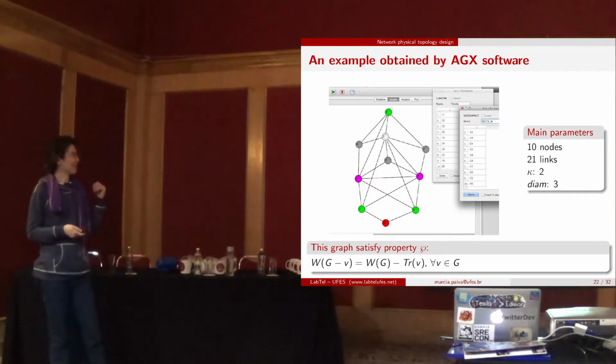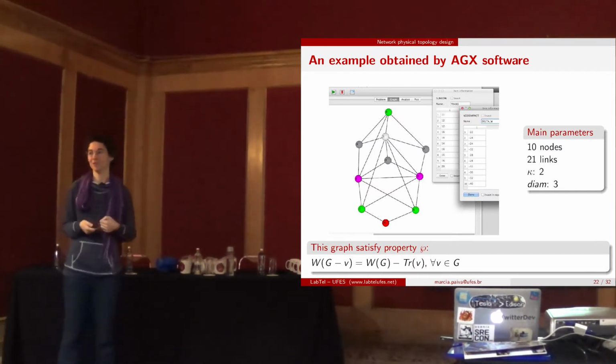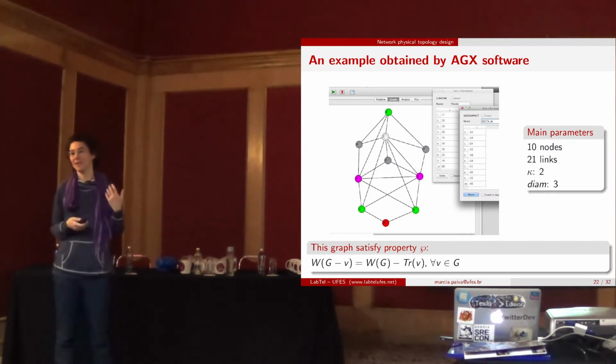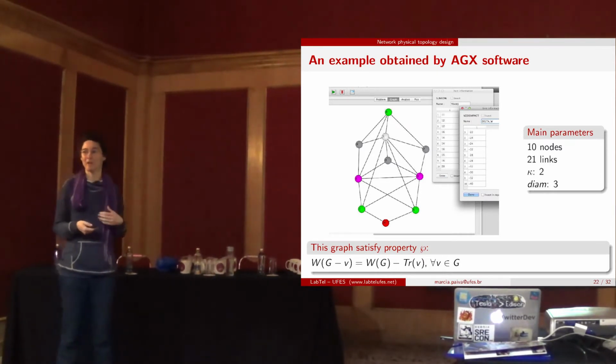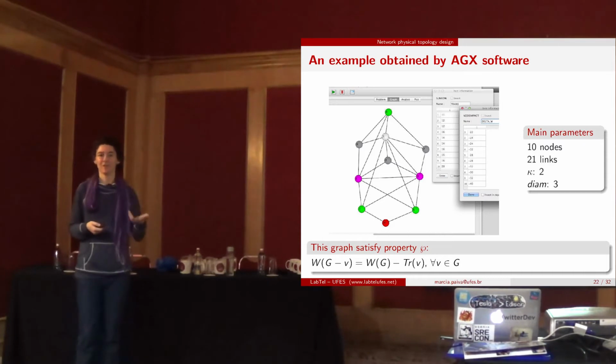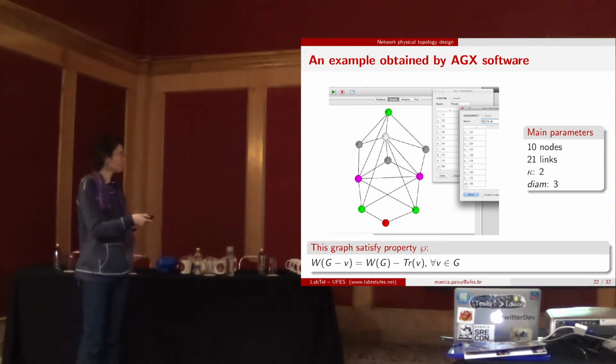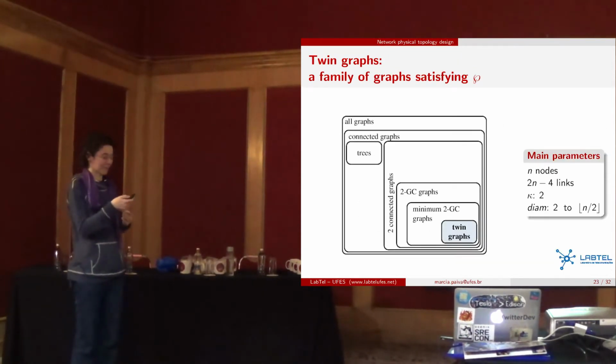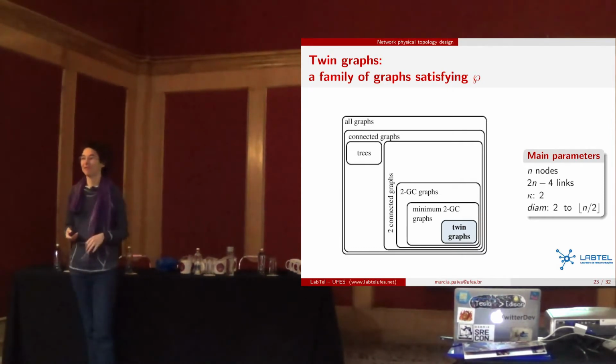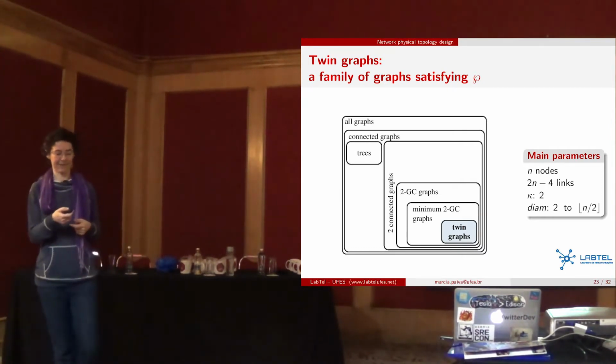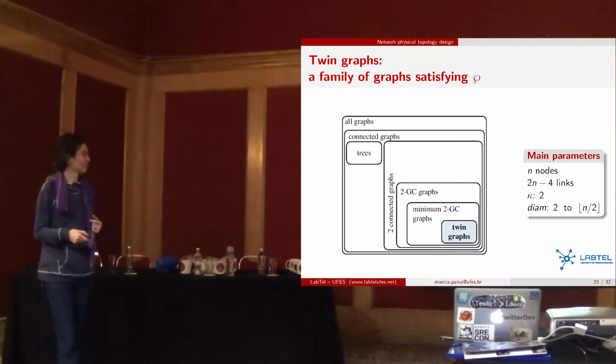So this is a graph where we have two shortest paths connecting each pair of nodes, so the distance matrix after removing each node remains the same. After that, we have found a family of graphs that reach these properties, and that family is called the twin graphs.